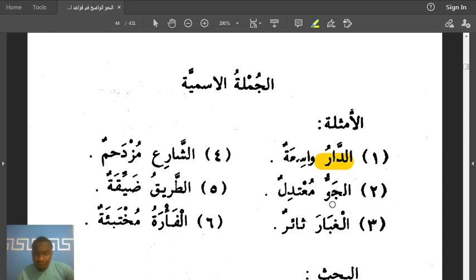Okay, and we have example number 2, al-jawu mu'tadilun. Al-jawu is the weather, the atmosphere. Mu'tadilun is normal, not too hot, not too cold, it's middle. Then we have al-gubaru tha'irun.